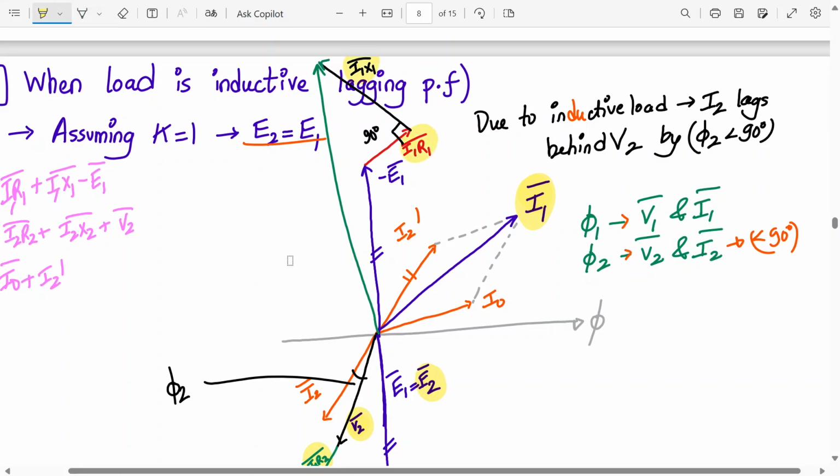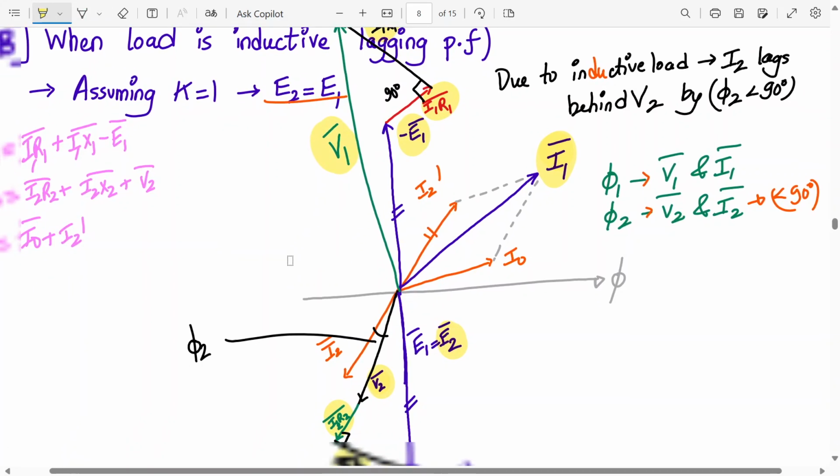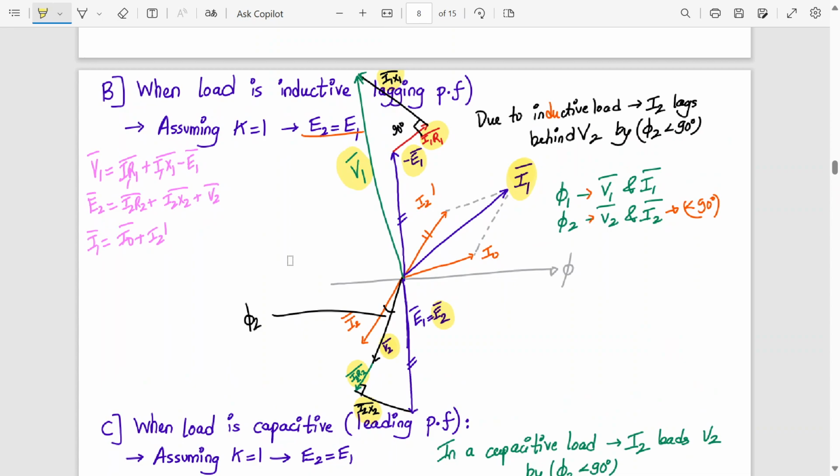This is I1 R1 and this is E1. So here this will be V1 bar. So V1 bar is what? I1 X1 plus I1 R1 minus E1. Do you agree on this? Did you understand? So this remains the same.